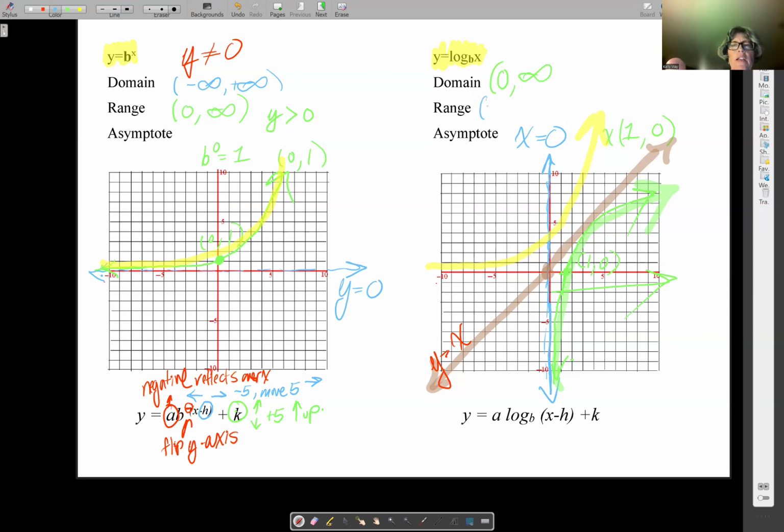And our range is going to go from negative infinity to positive infinity, ultimately. So it's exactly inverted from the exponent parent function, which is what you expect because logarithms is the inversion of the exponent.